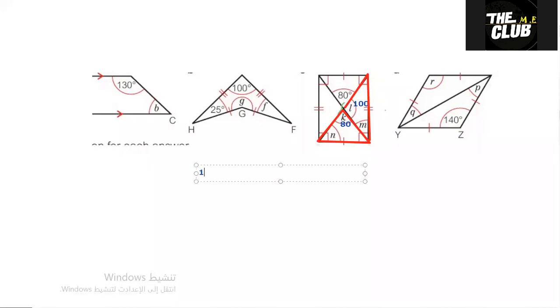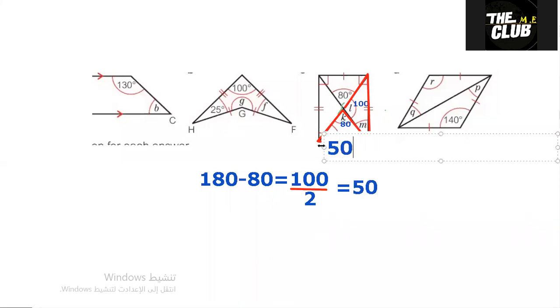So we're going to say 180 minus 80 equals what? Equals 100. And then divide this by 2 equals 50. So first we subtract 180 minus 80, we get 100. 100 is both of these. And then we divide it by 2, we will get 50. So n here is 50.